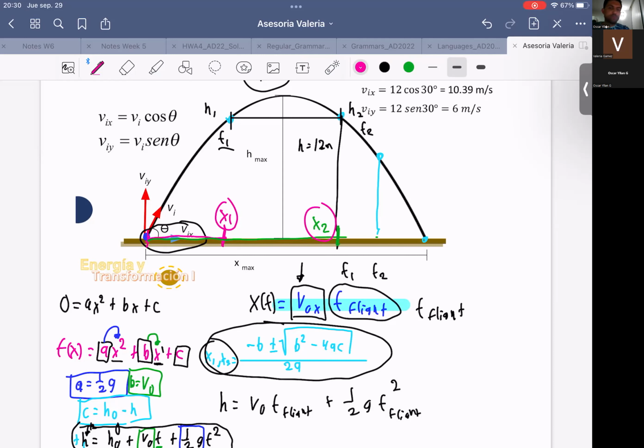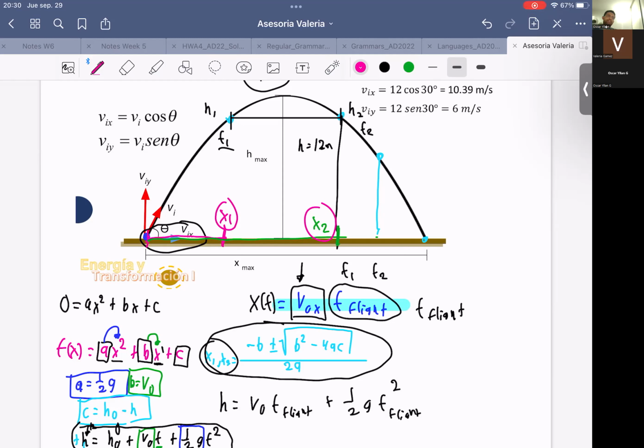Basically, you don't have to limit yourself to getting the range. In high school physics, that's the typical problem that they put. But in reality, with the same formulas, you can get any value, right? You can get the x in any position of the parabola.